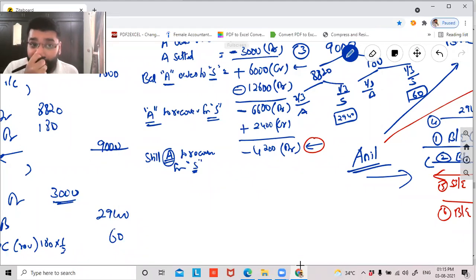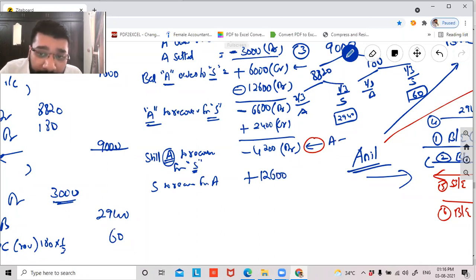A did not pay how much? 12,600 to the bank. And the bank has recovered this money from Sanjay. And now Sanjay has to recover this money from Anil. How much? 12,600.